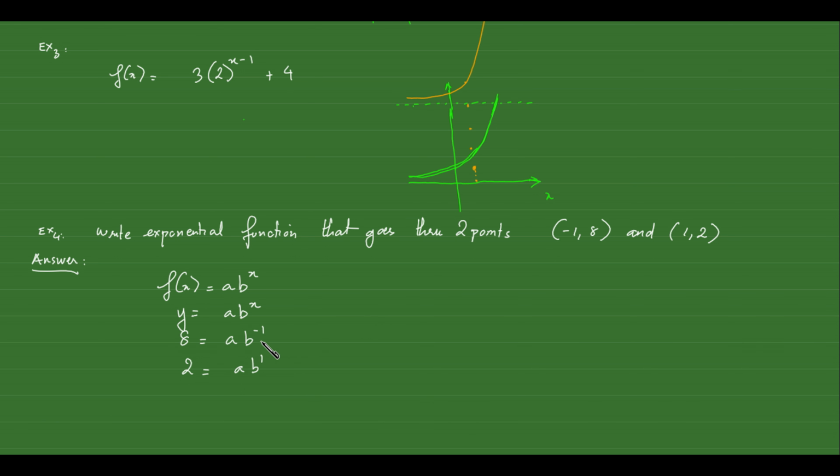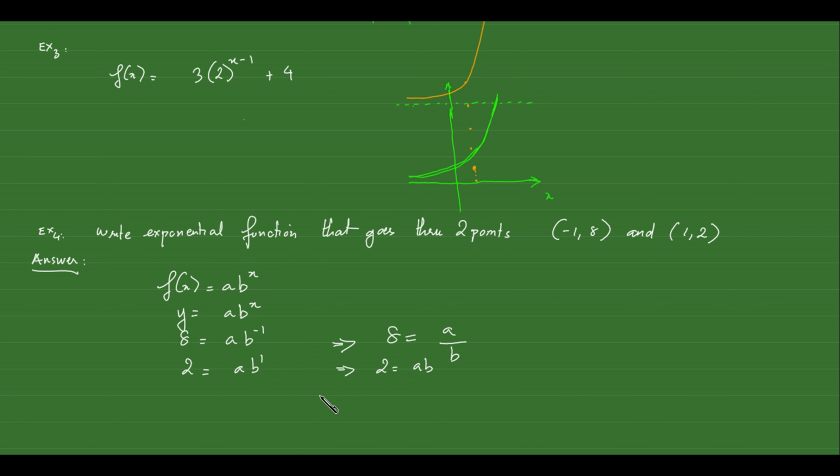You can go ahead and rewrite this as 8 equals a over b, because b to the -1 is actually 1 over b. Then this is the same as 2 equals ab, because b to the 1 is just b.